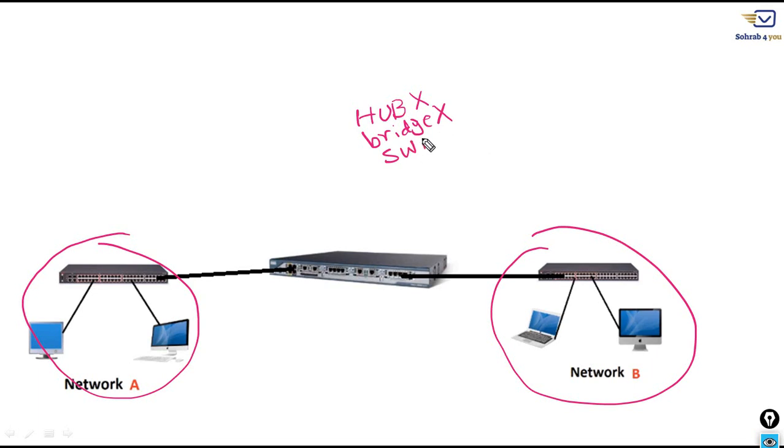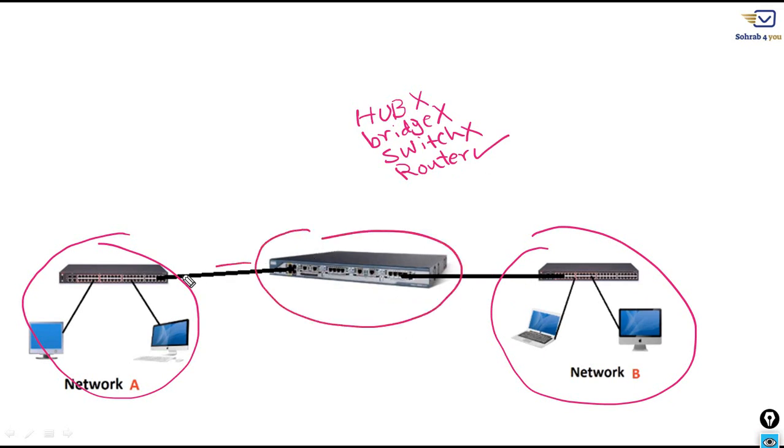A layer 2 switch cannot connect them either. So which device do I have to put to connect different networks? I have to put a router. The router is the device which connects different networks. So I put the router here, which connects network A to network B. This is the main job of the router.